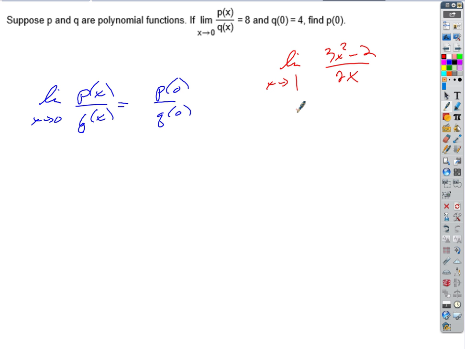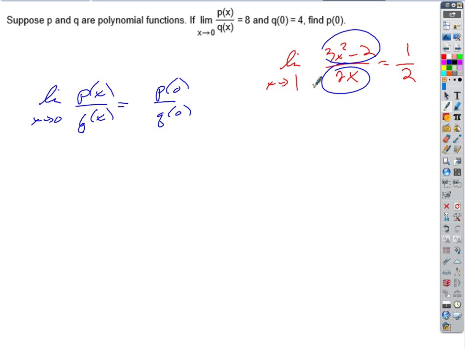Just plug it in, evaluate directly, right? And if we did, we'd get 3 minus 2 is 1 over 2, and that would be our answer, correct? Moral of the story, we can calculate the limit of the top and the bottom separately. The only time we have a problem is if they're both 0, right? But the limit of p of x over q of x as x approaches 0 would just be evaluate the top and evaluate the bottom and see what you get.